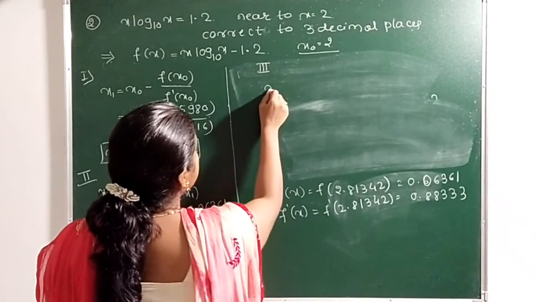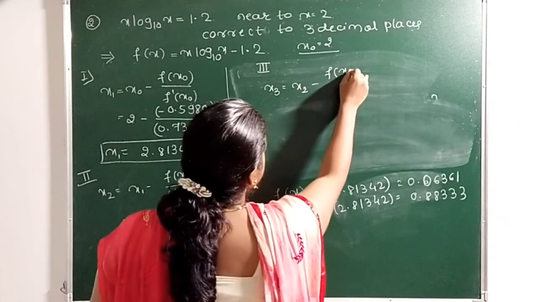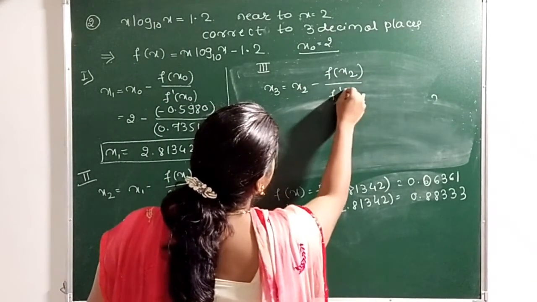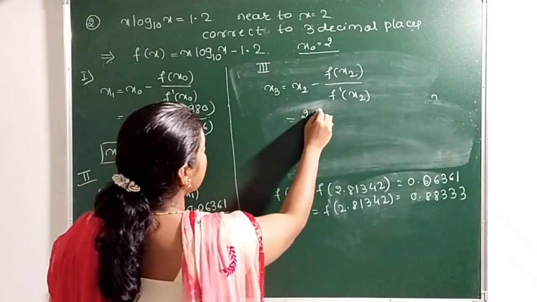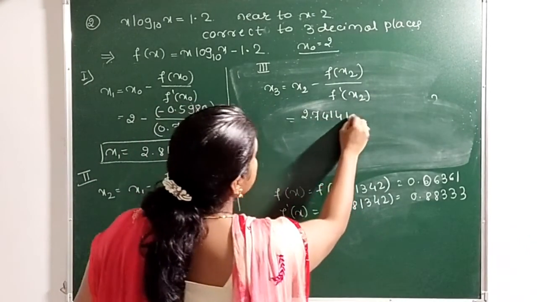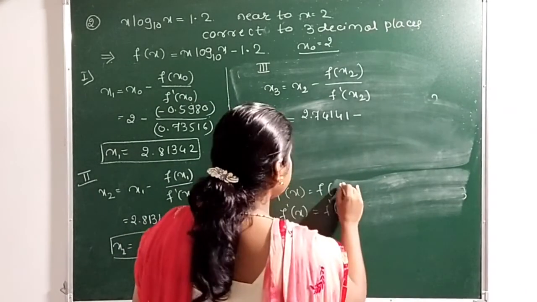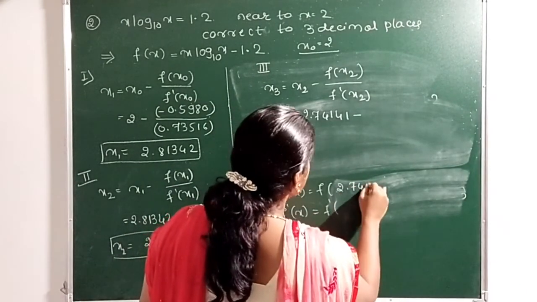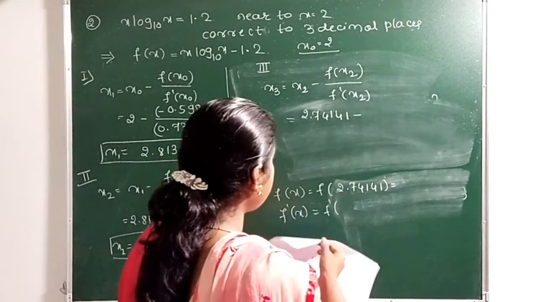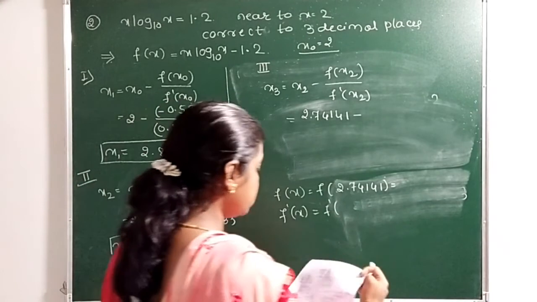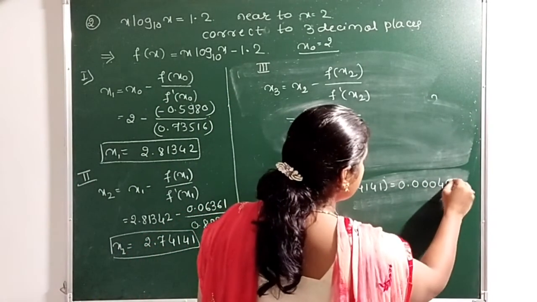third iteration, x3 is equal to x2 minus f of x2 divided by f dash of x2. Here you have to substitute 2.74141. You have to substitute the value in the f of x term, you will get 0.0004050.